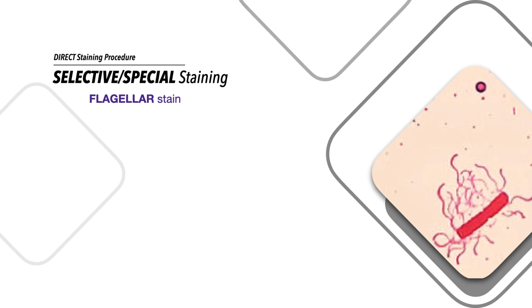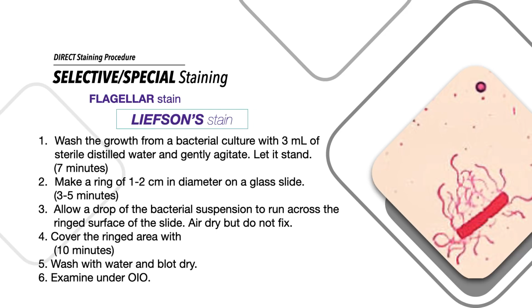So, what happens here in the flagellar stain is that the method of flagellar staining is known as your Leifson stain. What we do is we wash a growth from a bacterial culture. Usually, the bacteria used here is, of course, a bacteria that is known to have flagella. Example, Proteus vulgaris.